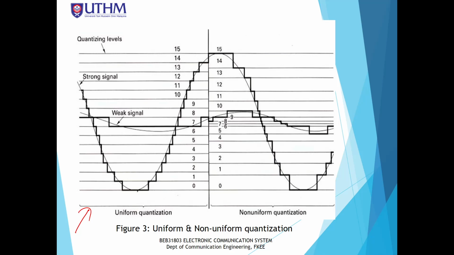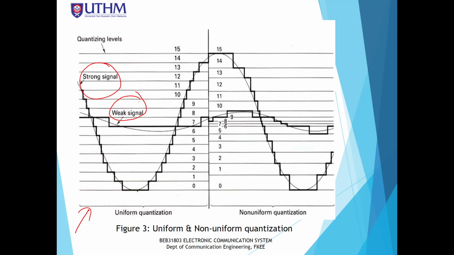So kalau kita buat seperti ini, apa yang berlaku adalah kalau you lihat yang besar ini adalah strong signal. Okay, and we have another one what we call as a weak signal. Okay, so untuk strong signal, signal yang punya amplitude yang besar, kalau kita menggunakan uniform quantization, dia tidak ada masalah.